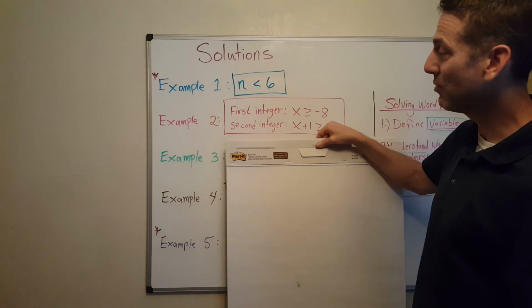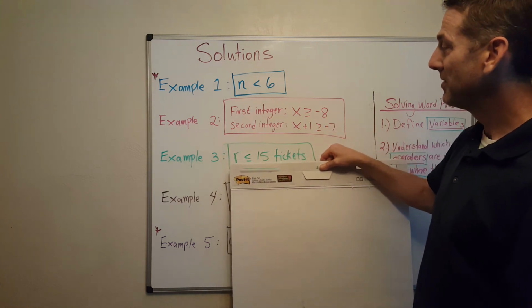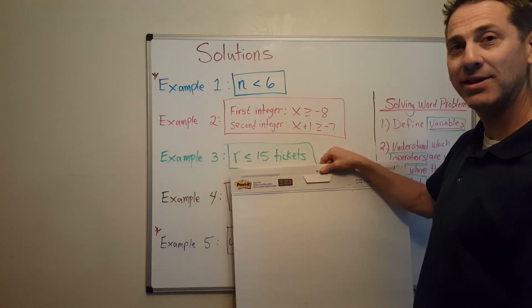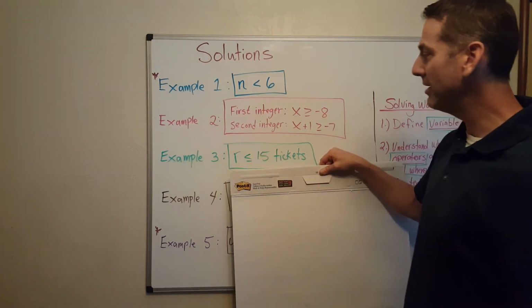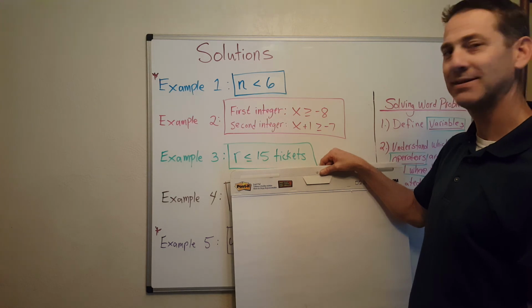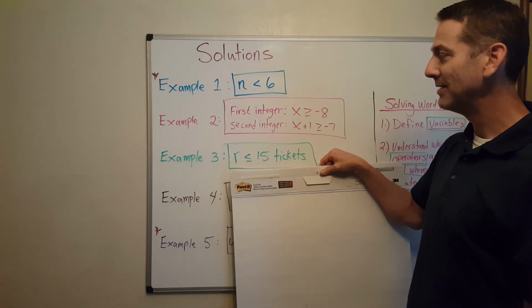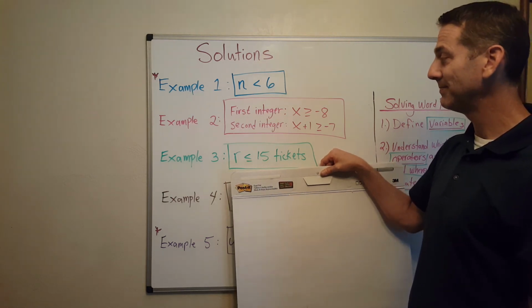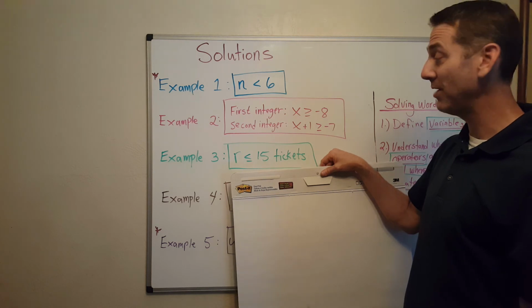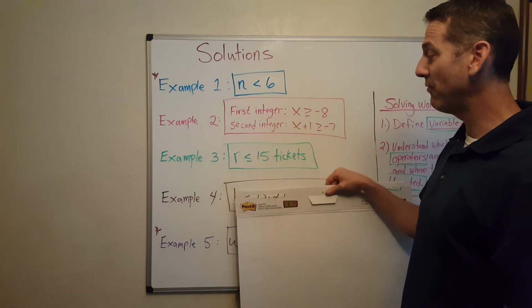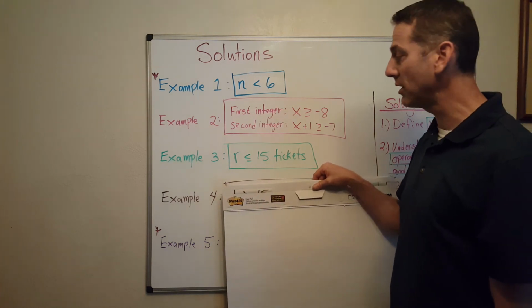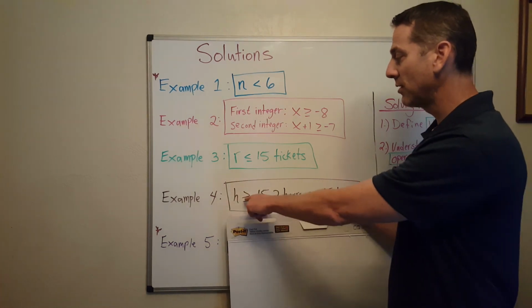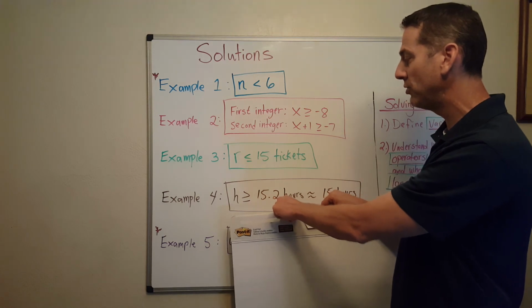Okay, example 3. Okay, the tickets, how many tickets he can buy. R is less than or equal to 15 tickets. Means he can buy no more than 15 tickets, if he's going to have all that food. Okay, example 4. That was Stan, right? How many hours he has to work? Well, he has to work greater than or equal to 15.2 hours.